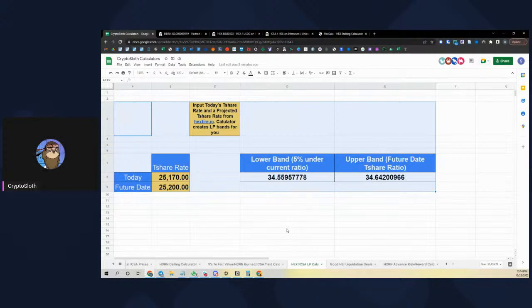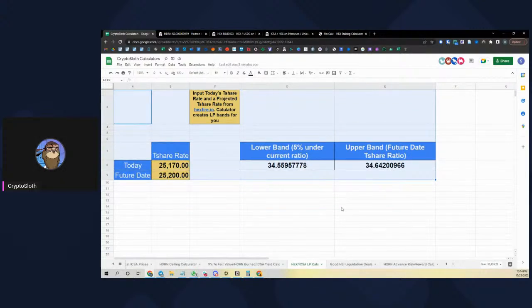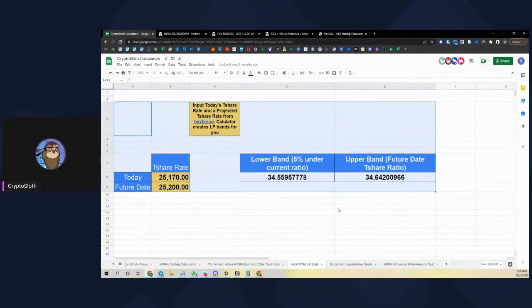Sorry about that, guys. So this calculator basically just automatically calculates liquidity pool bands for a Uniswap V3 liquidity position based on the T-share rate.